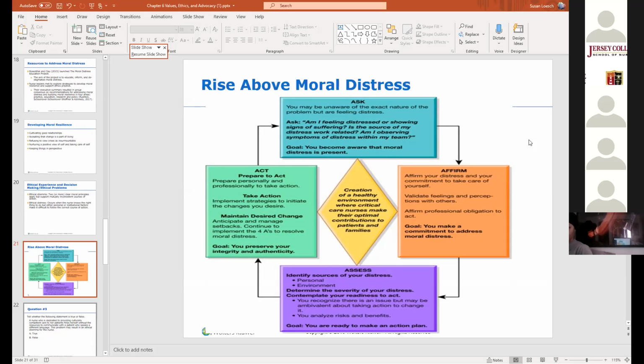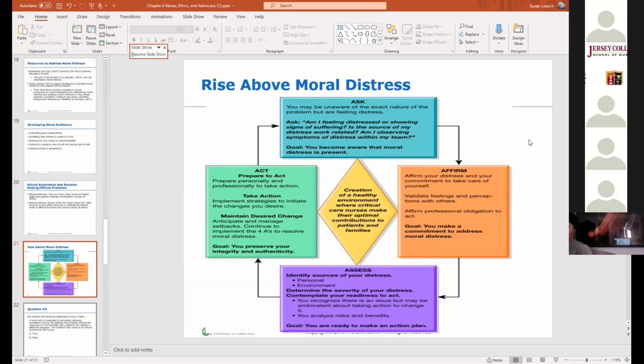It could cause you a lot of distress too. Maybe you really are Catholic and you really have a strong disagreement with abortion, but here this person is in there trying to get an abortion. Now, when could that be a moral distress issue? Well, or an ethical distress issue.